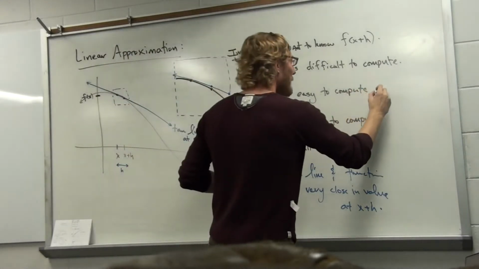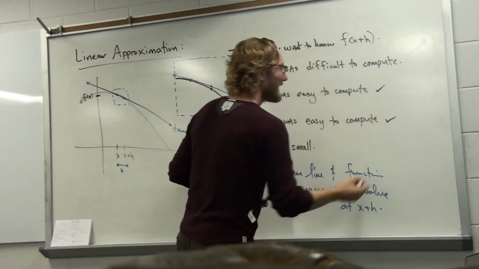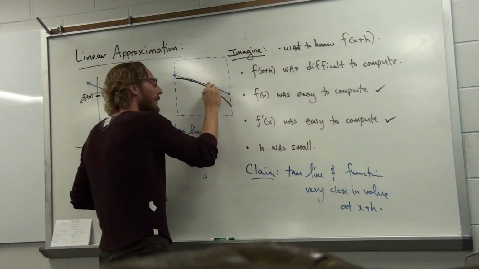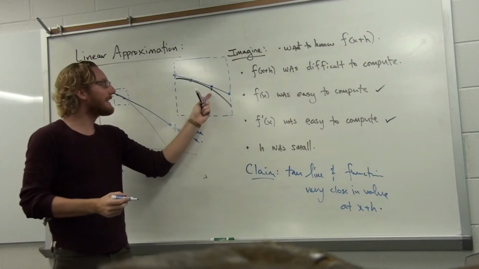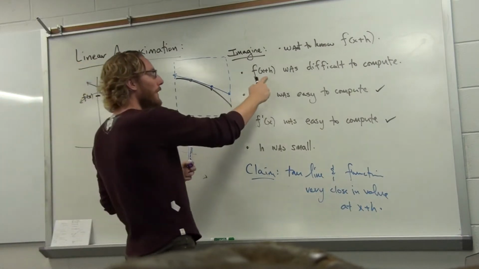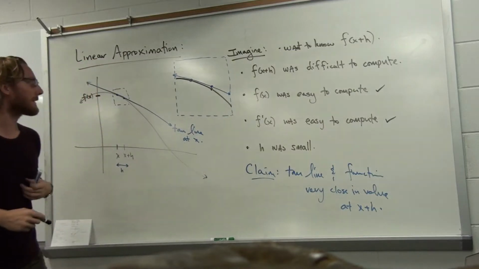But here's the thing to think about. If our f of x was easy to compute, and our slope was easy to compute, it's going to be easier to compute the point on the tangent line than the point on our actual function, because the point on our actual function was difficult to compute. We're trying to avoid that at all possible.